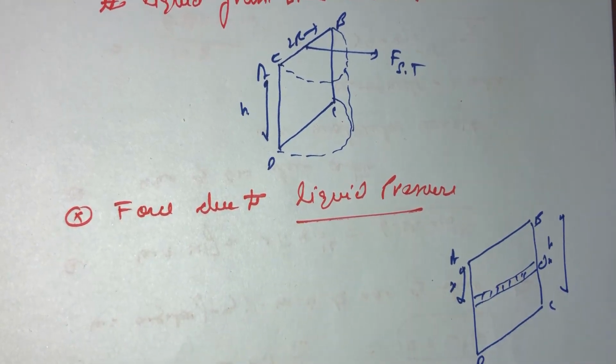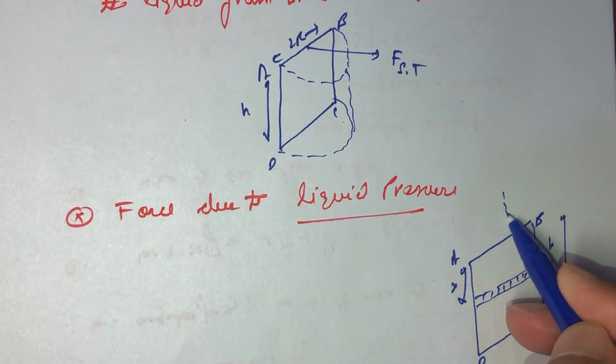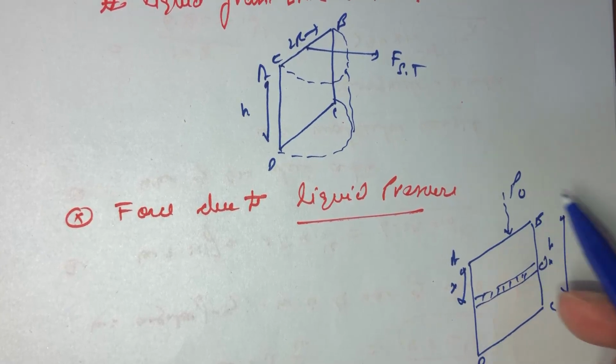In this case also, on this strip there will be atmospheric pressure that is given as P0.